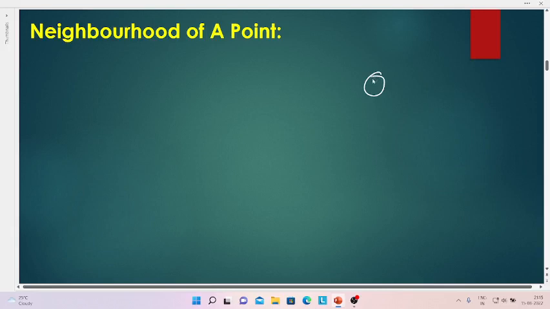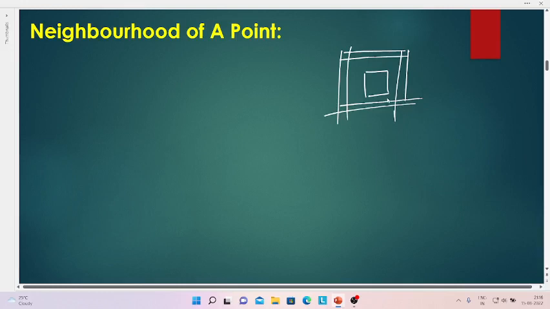This is not a circle, it looks like it is not your house, I understand, but suppose this is your house, and there are some roads passing from your house, and there are some locality around your house. So you may have neighbors, right? So what is actually neighbors? Neighbors means those people who are very close to your house, living very close to your house.